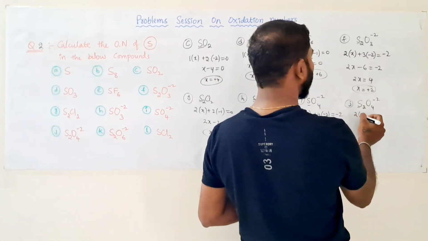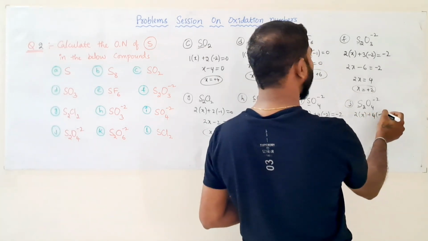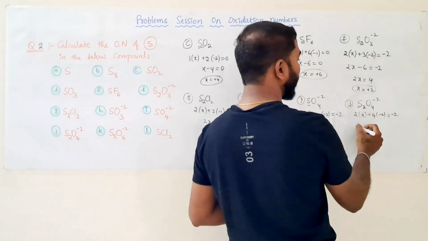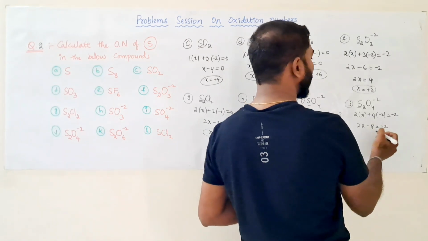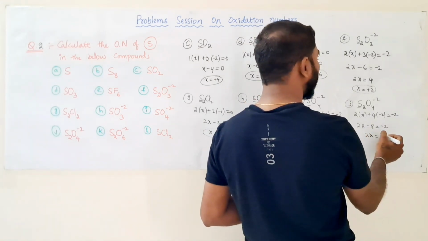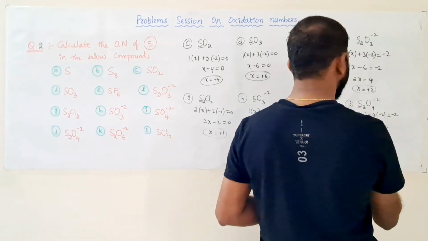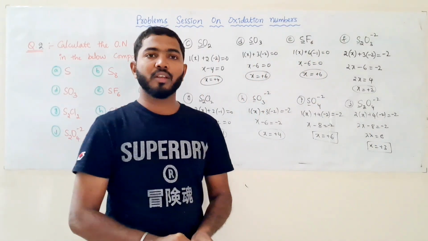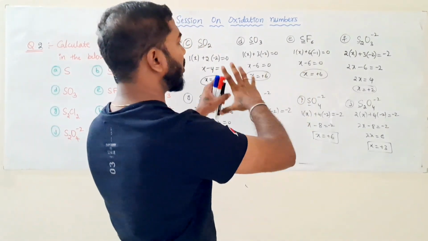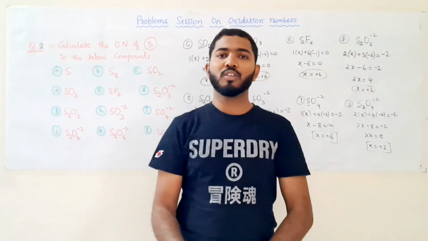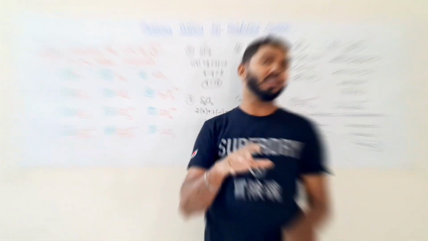So if you see, 2 into X plus 4 into minus 2 is equal to minus 2. 2X minus 8 equal to minus 2. Then 2X equal to 6. Then X value will come out as plus 3. Okay, so I hope you understood, almost for every species we are following the same method.